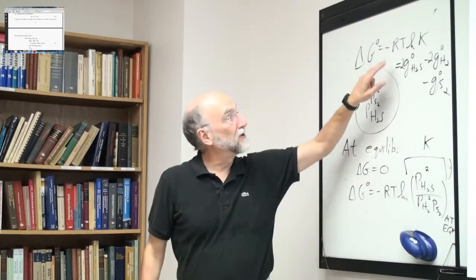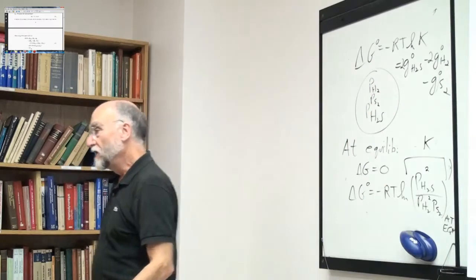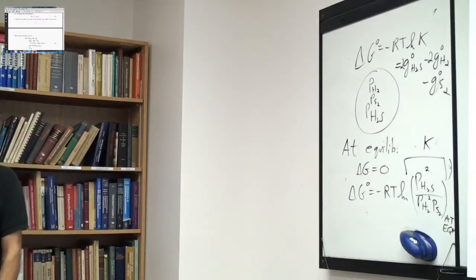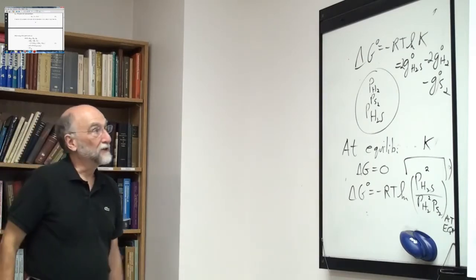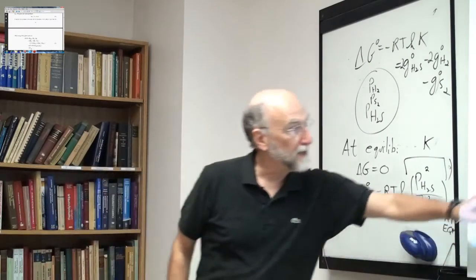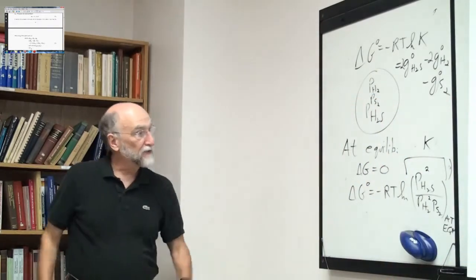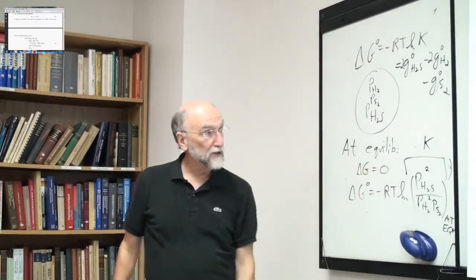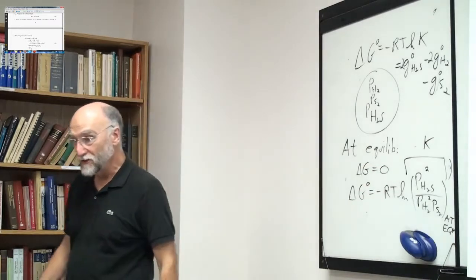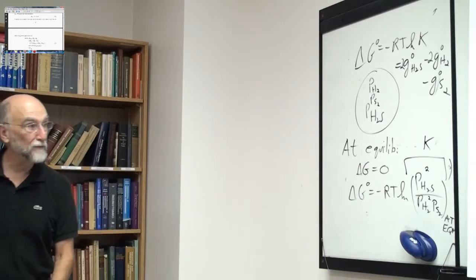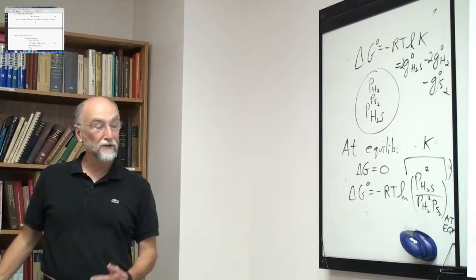Delta G0 is the standard Gibbs energy change when all reactants and products are in their standard state, which means partial pressures of 1 atmosphere. That's not at equilibrium. In that case, delta G equals delta G0 plus 0. Then the reaction shifts until equilibrium, until delta G becomes equal to 0. So delta G0 is not the Gibbs energy change at equilibrium. The Gibbs energy change at equilibrium is necessarily 0.